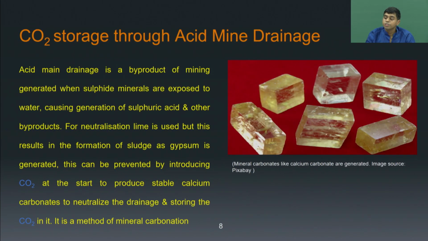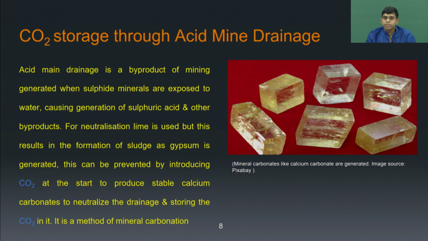Now, CO2 storage through acid mine drainage is a unique method. Acid mine drainage is a byproduct of coal mining in which the leftover mine water reacts with sulfide minerals to form an acidic drainage. This acidic drainage is harmful to life and needs to be neutralized.